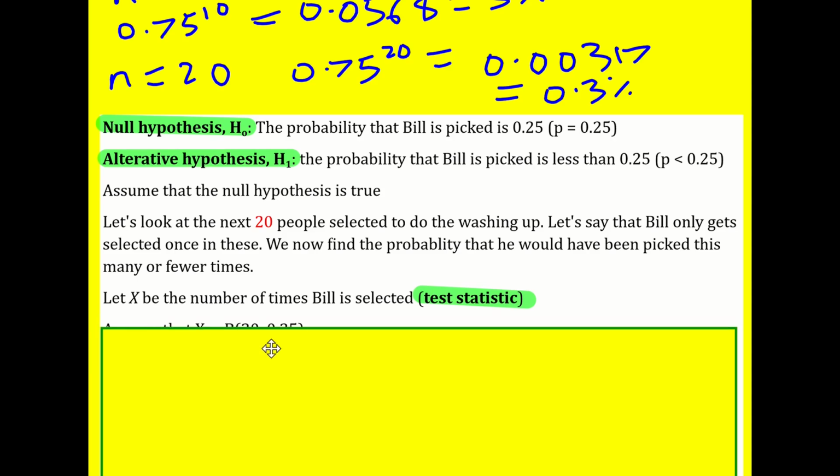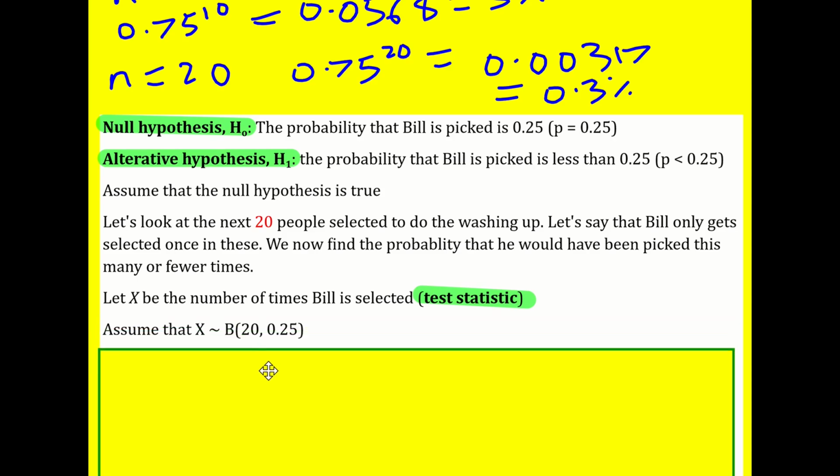And then this is the key bit. We do our calculation. We assume that X follows a binomial distribution. There are 20 trials, a fixed number of trials. The probability of success is 0.25. We have to assume that the events are independent, that one does not affect the other, and also that the probability is fixed.